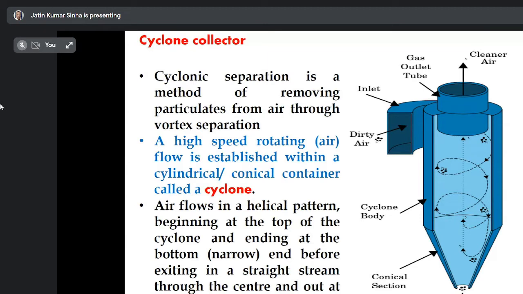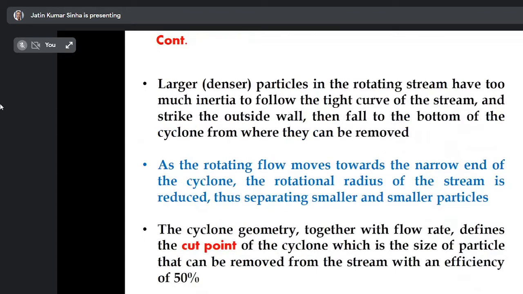These are limited to industries where there are chances of releasing bigger particles or debris to air. There you can separate all these bigger particles, which are the pollutants, so that they can be removed from air. As I told you, the efficiency of this kind of cyclone collector is limited to 50%. So it's just a physical separation, nothing more than that.